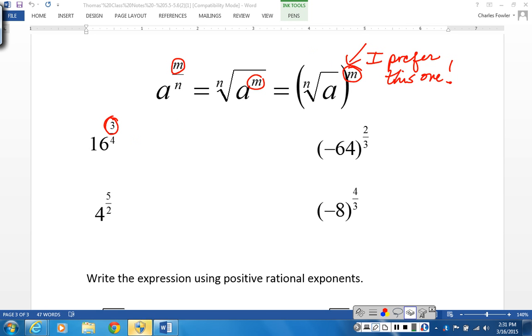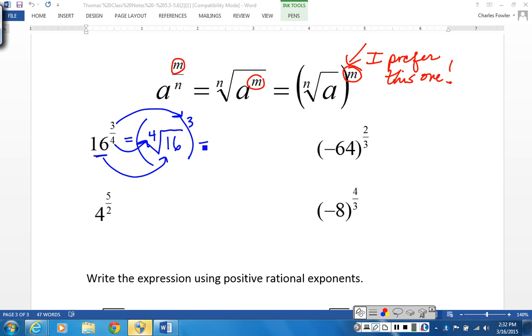Alright. So again, we look to our denominator to find out what root it is. As you can see here, we have the 4th root. This number still goes under the radical, but now we can put all of that to the 3rd power, because that number goes here and that number goes here.